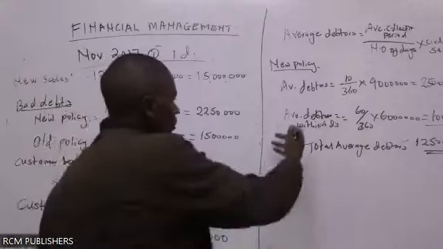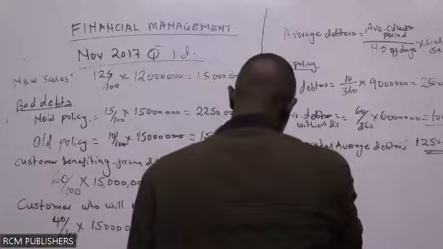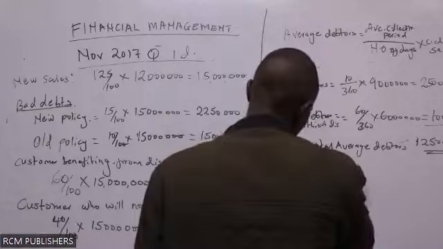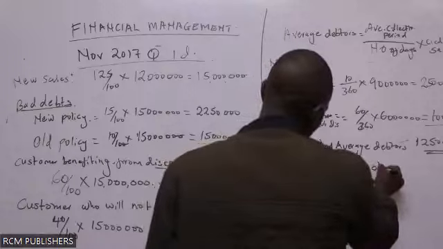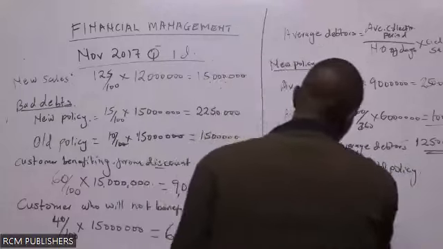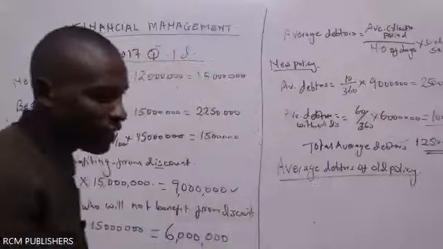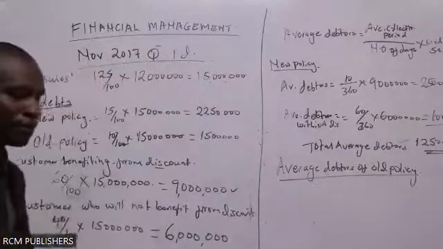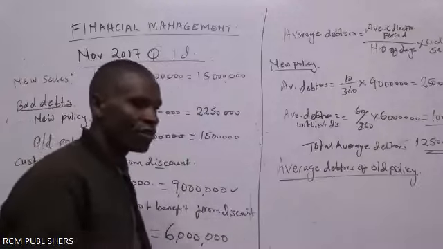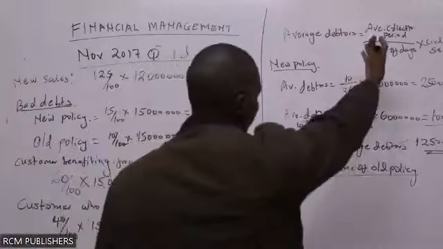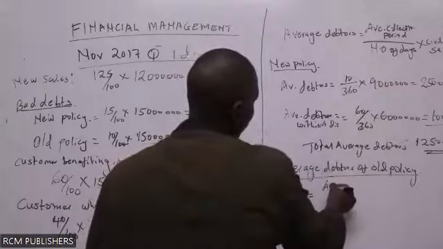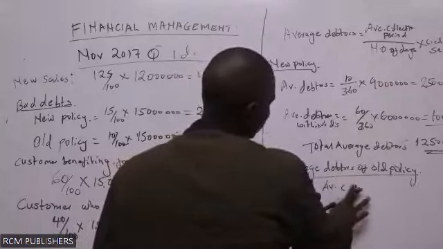Let's see about the average data of old policy. Old policy tunakumbuka sales zake tunakumbuka walikuwa na condition inakaaje? They were to pay within how many days? Nakumbuke formula yetu ni ile tu, average data is equal to average credit sale correction period divided by number of days.